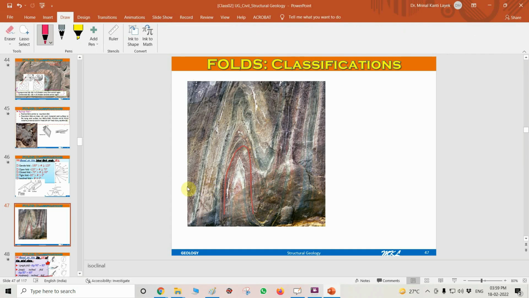If you draw it from here, it is very nearly 0 degree. So it's an isoclinal fold, very near to 0 degree. See, in nature you will not get the actual 0 degree, but it gives you the sense that it is an isoclinal fold.